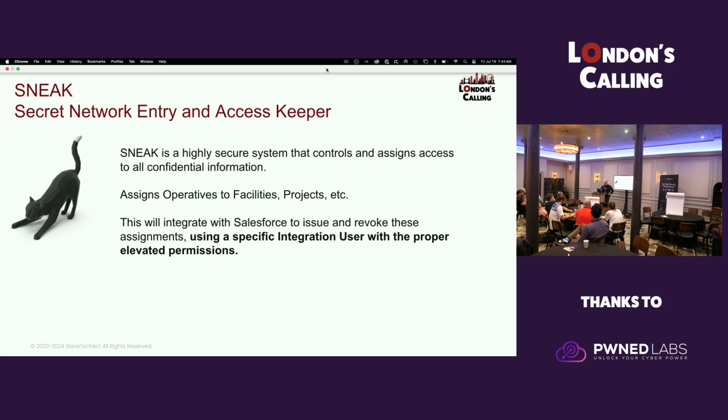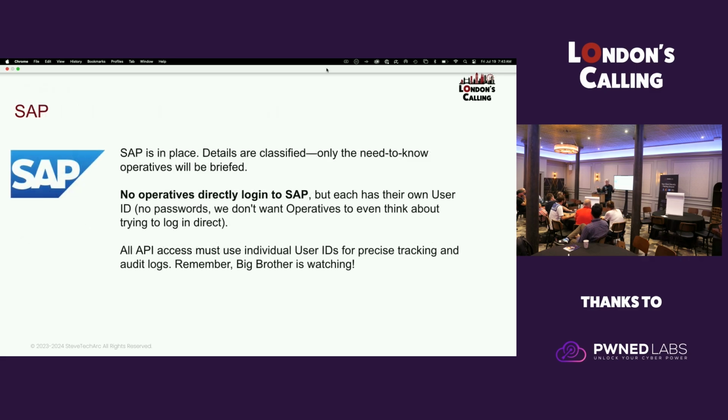Sneak exists. We have SAP, which has all of our project level data, but I'm throwing a curveball: our users are operatives, and no operative can ever directly log into SAP. But we need data from SAP, and we need data using proper credentials. So that means that Matt, logging into Salesforce, can pull data from SAP, but only as Matt.